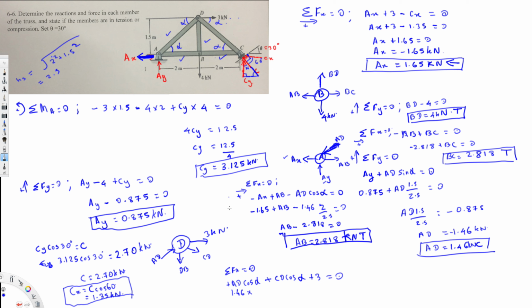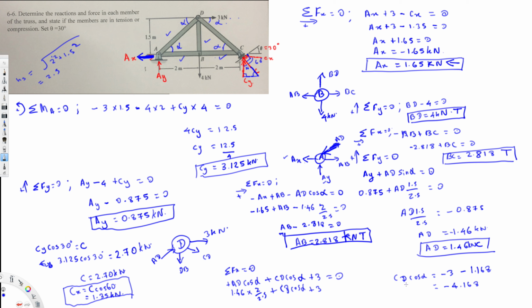We found hypotenuse 2.5, so 2 over 2.5 plus CD cos alpha, and plus 3, is equal to 0. So CD cos alpha is equal to minus 3 minus 1.168, which is minus 4.168.